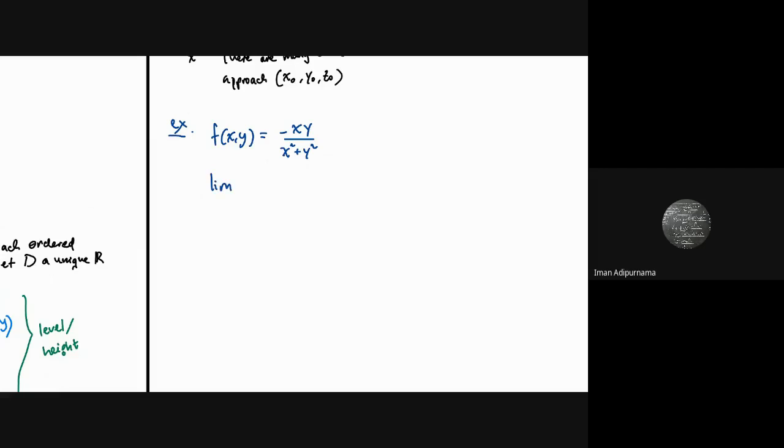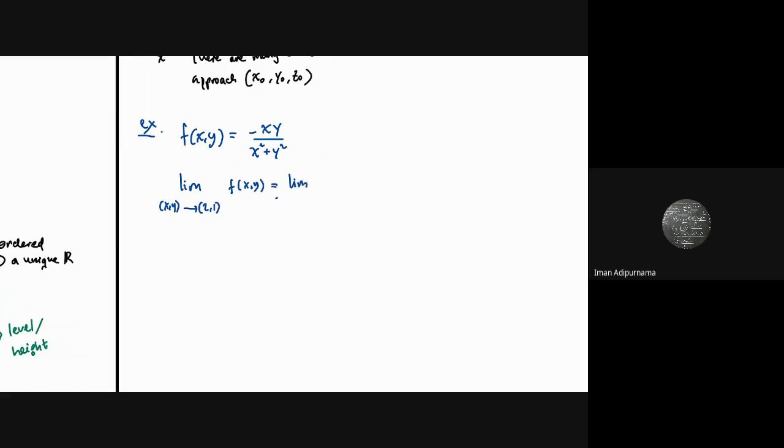If we take the limit as (x, y) approaches (-2, 1) of f(x, y), then we are just substituting our numbers into the equation. So this will be -2 times 1 over 2 squared plus 1 squared, right? Or we can just evaluate and it becomes -2/5. Of course, this is not difficult.